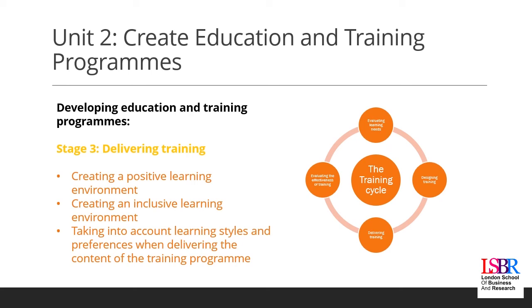And then we are again going to be taking learning styles into consideration and learning preferences also. So this is very much about the delivery of the training and also your delivery style.